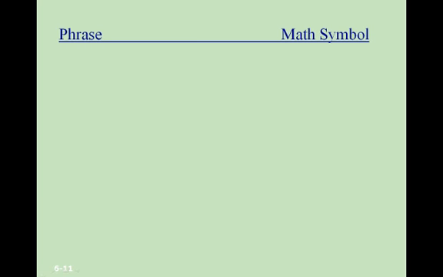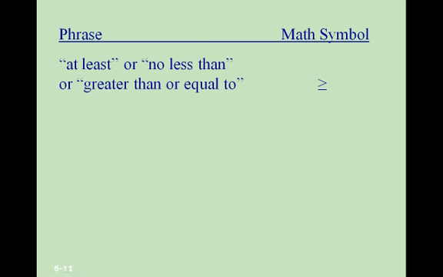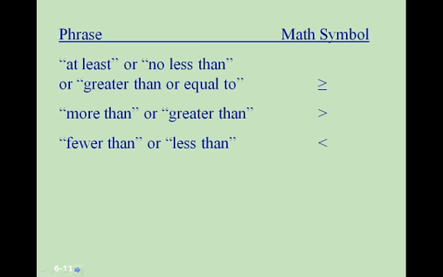So first let's look at some phrases that we'll see as we work some of these problems and what the math symbol would be that goes with it. The phrase at least, or no less than, or greater than or equal to, those all mean the same thing, and we see the math symbol of our inequality greater than or equal to. These two phrases, more than or greater than, mean the same thing, and our symbol is the greater than inequality symbol.